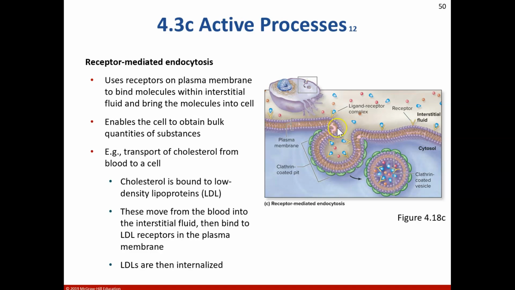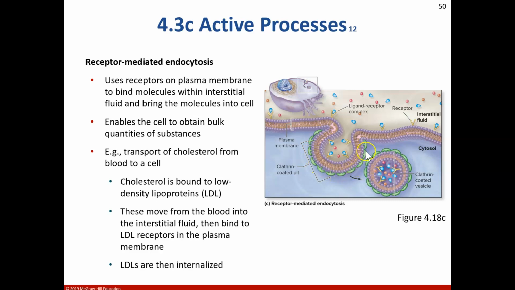So we notice that the receptor and ligand complex starts to accumulate at these special membrane regions that contain these special proteins called clathrin proteins. And they are found on the internal surface of the membrane here.